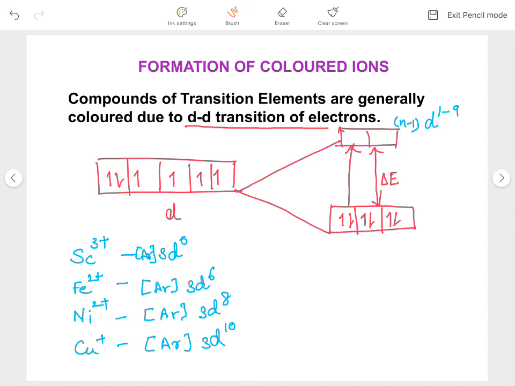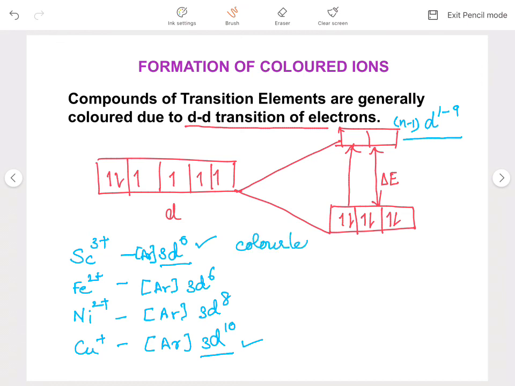So out of these we have 0 electrons in d orbital in Sc3 plus and 10 electrons in Cu plus. So these ions do not fall in the category of (n minus 1) d 1 to 9. That is, they don't have partially filled d orbital. In the first case the d orbital is empty, and in this case the d orbital is completely filled. So these ions are colorless.